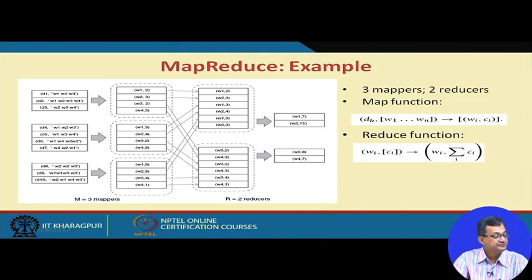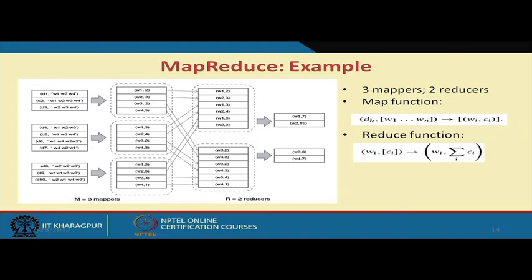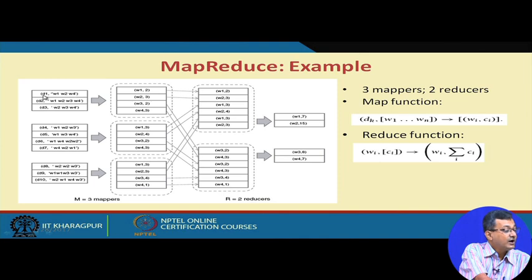MapReduce example. If we see, there are 3 mappers and 2 reducers. The map function in our case takes the data D, a set of words W1, W2, ..., Wn, and produces for every Wi the count, that is, the count in the portion the mapper has. For example, D1 has W1, W2, W4, and it counts these.